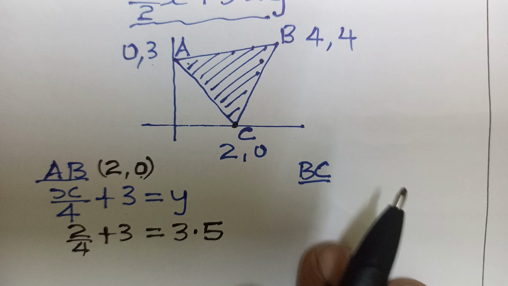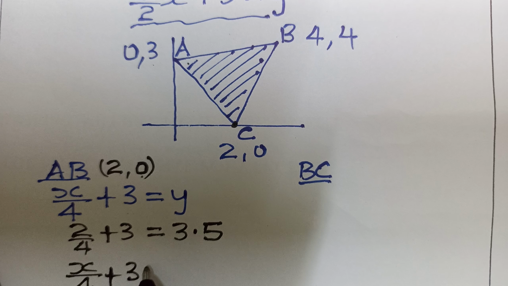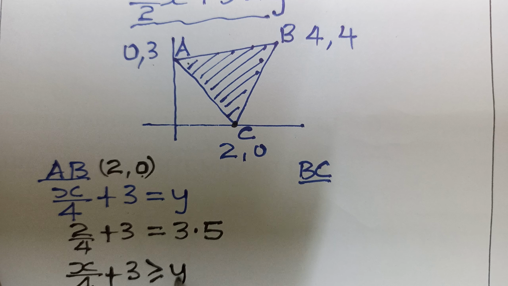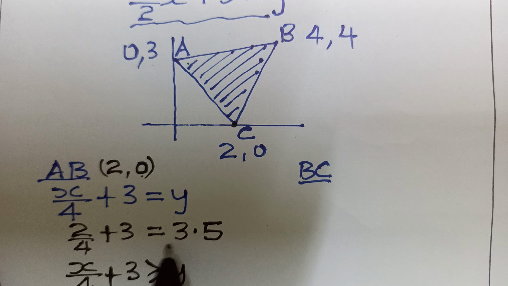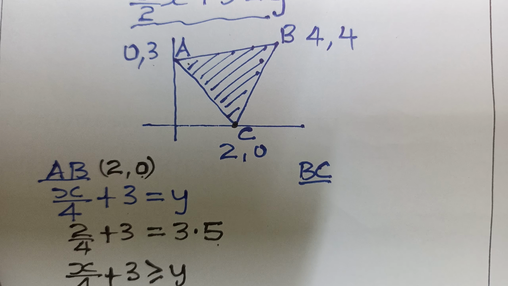And so this equation now, x all over 4 plus 3, will now be greater or equal to y. As you can see, the point on this equation is greater than 0. So that is one of the inequalities.